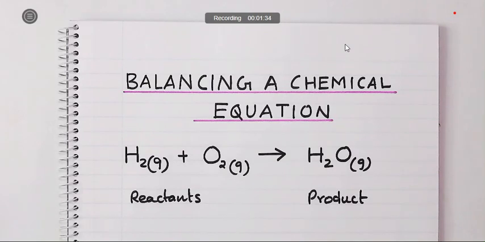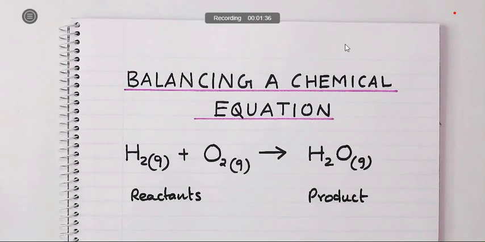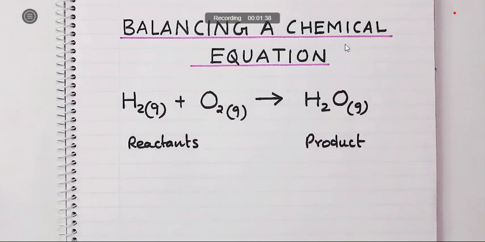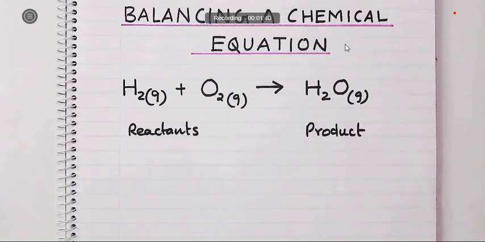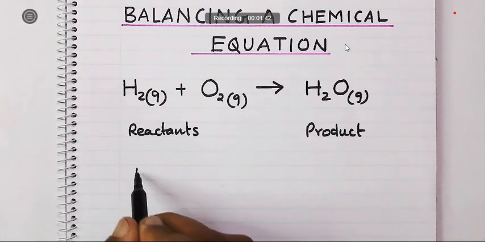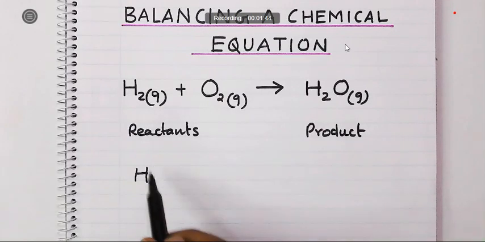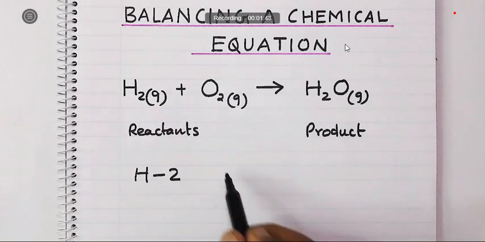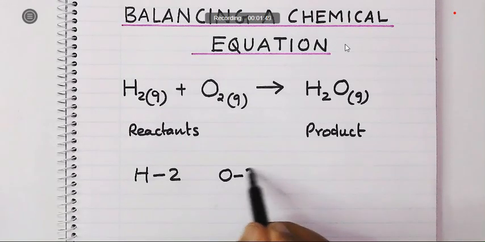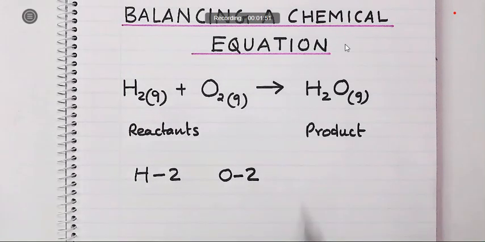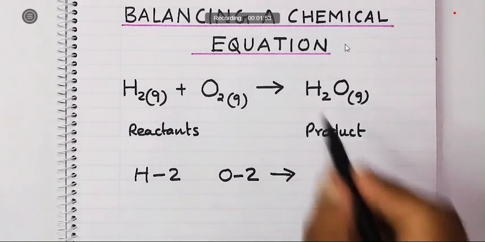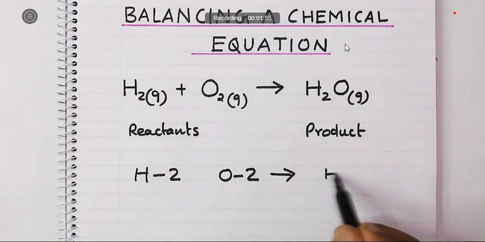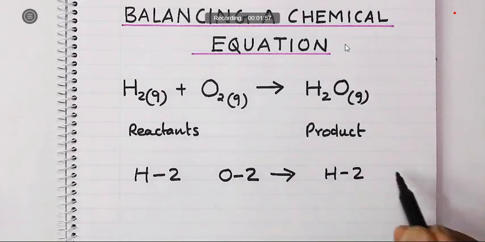So if you count the number of atoms on the left hand side, we have two hydrogens, so I just wrote here two hydrogen. Oxygen you have two, and on the right hand side you have two hydrogens and then one oxygen.